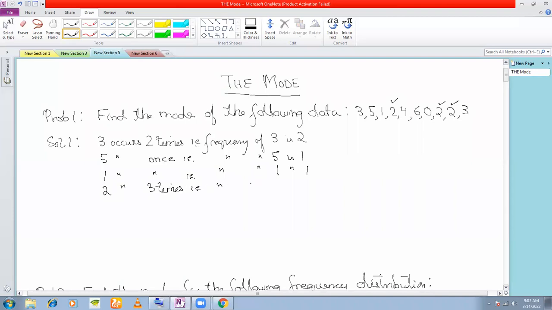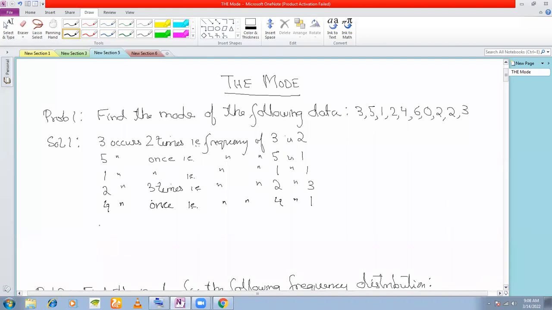That is, frequency of 2 is 3, right? Next number that you see after 2 is 4. 4 occurs only once. So frequency of 4 is 1.